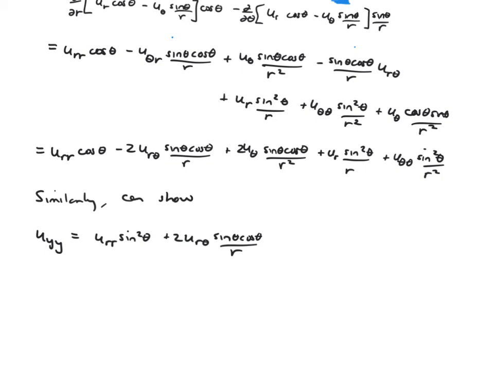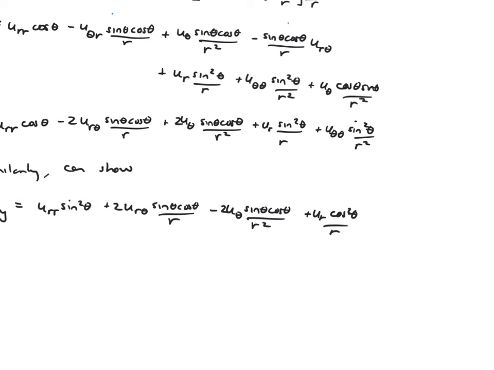What else do I got? Minus 2u sub theta sine theta cos theta over r squared. Also nice. Plus that stuff minus that stuff. We have a plus u sub r cos squared theta over r.